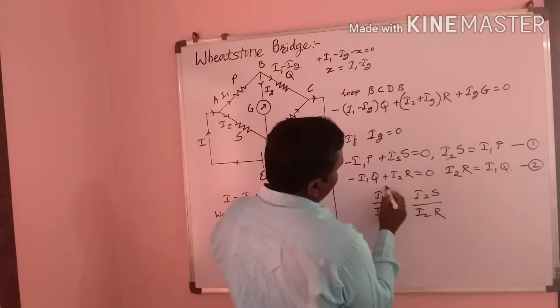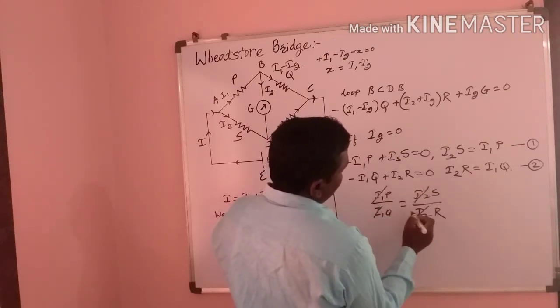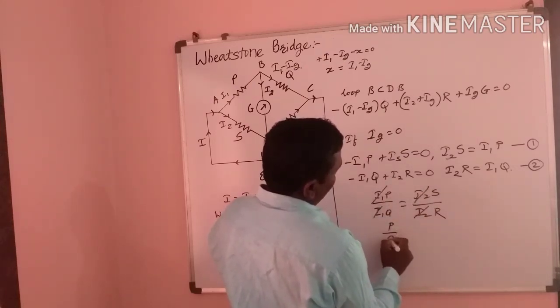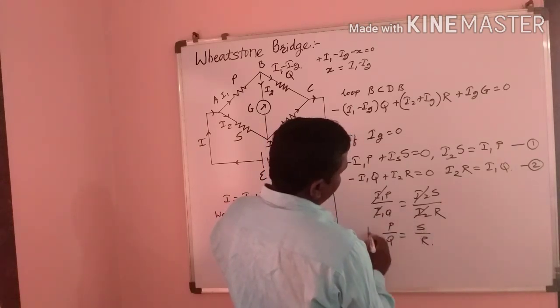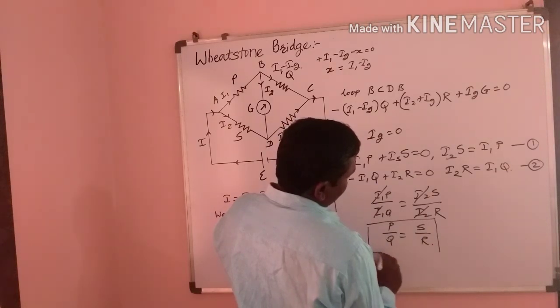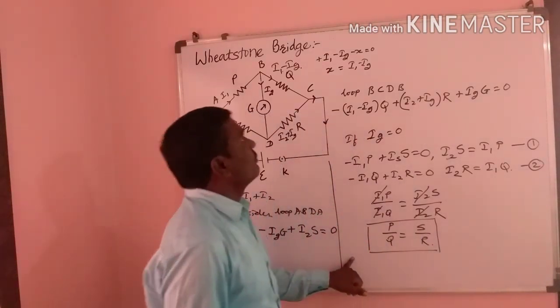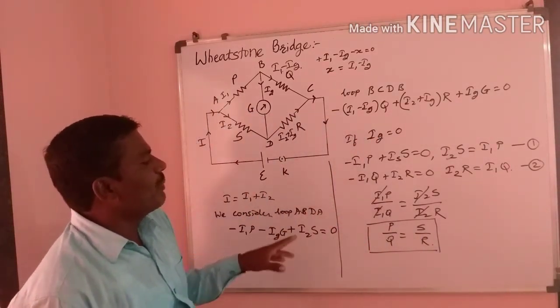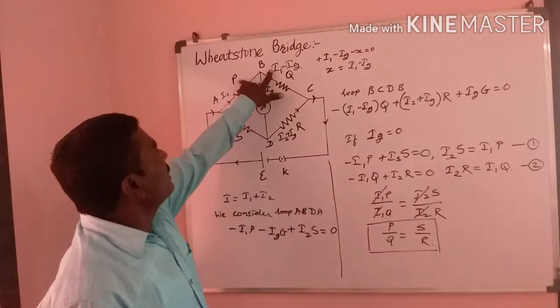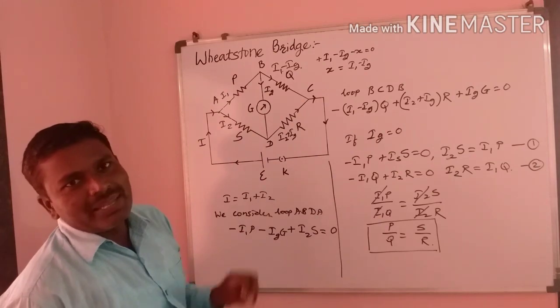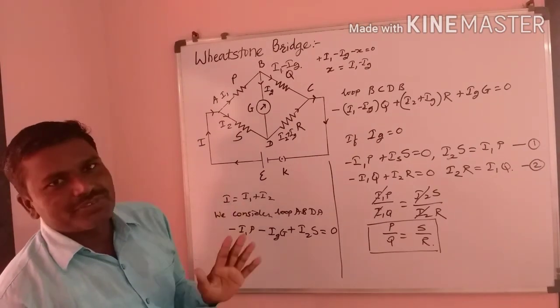The common terms cancel, and we get P upon Q is equal to S upon R, and this is the balance condition for the Wheatstone bridge, that is P upon Q is equal to S upon R. This condition is called the balance condition for the Wheatstone bridge.